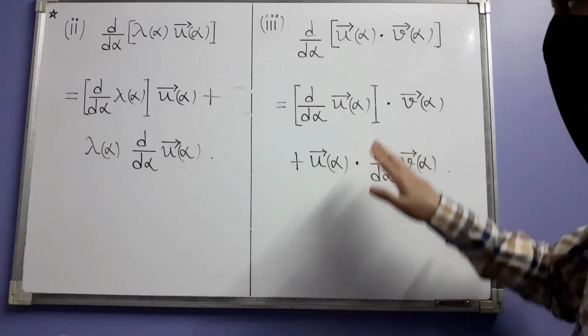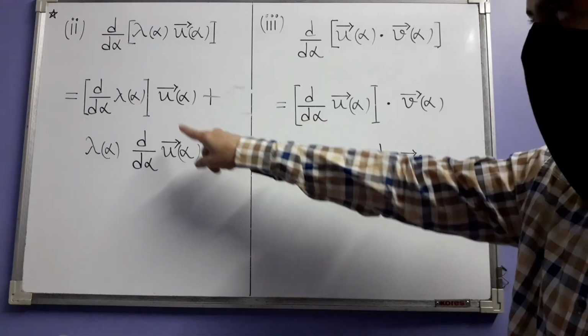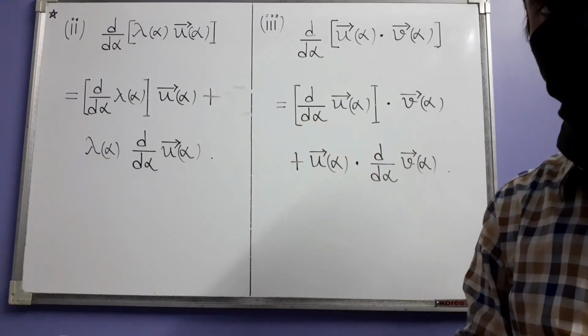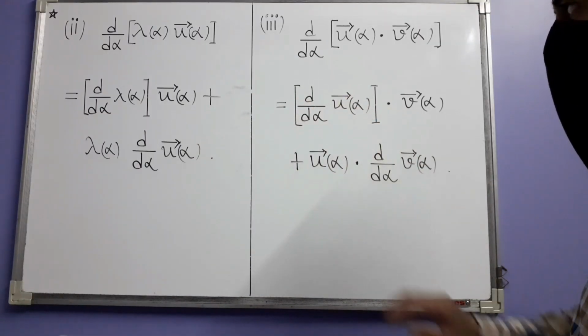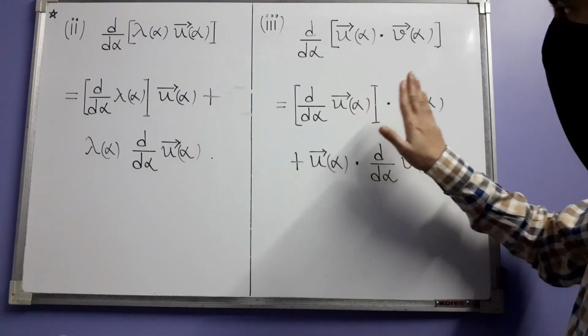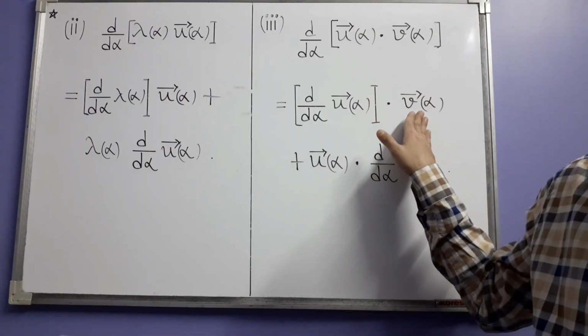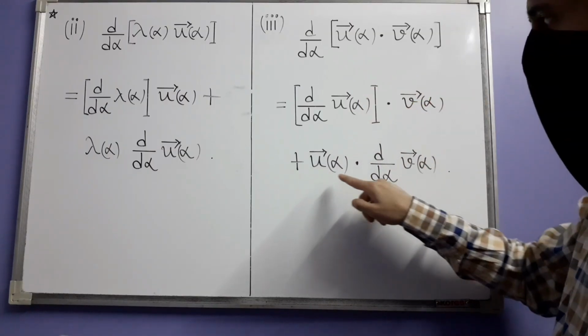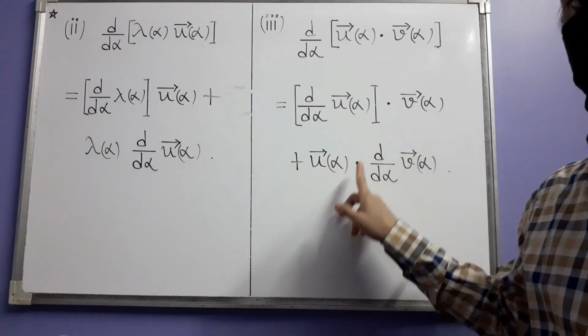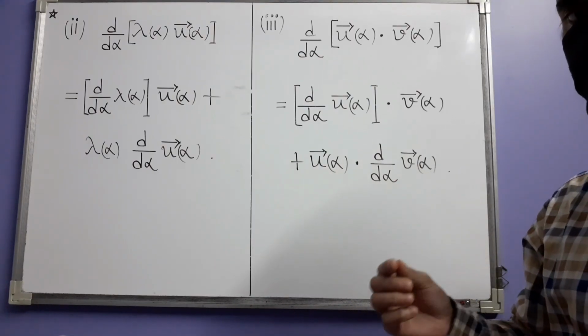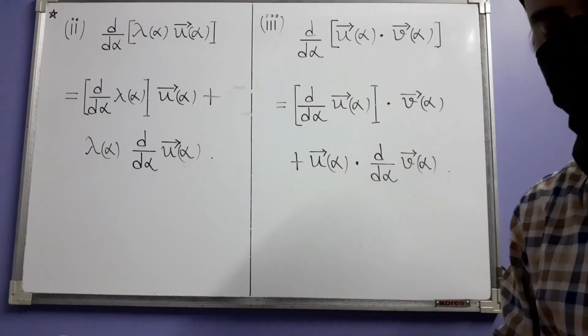Okay, so that scalar product persists and the other things are similar. That means the form is the same. You differentiate u, and with that you take the scalar product of v, and in the other term you take u, and with that you take the scalar product of the derivative of v.